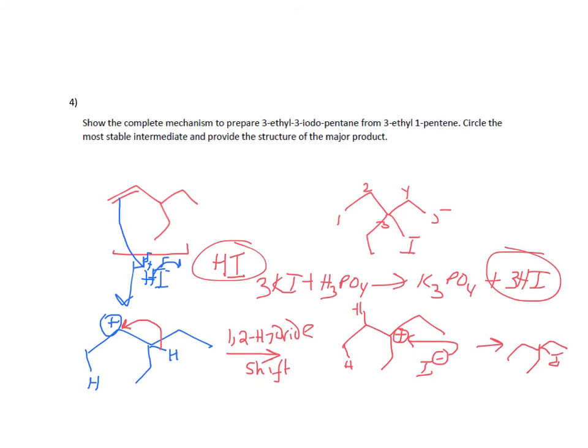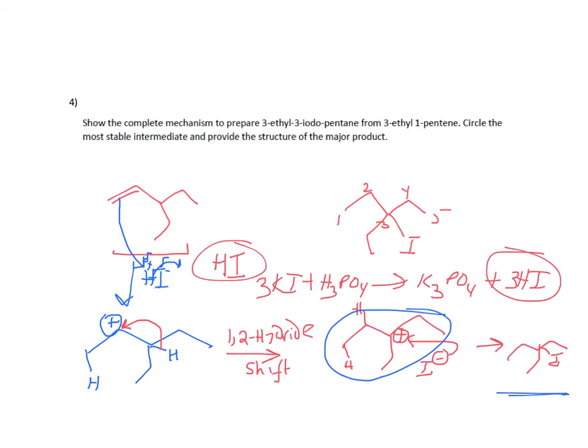Now the question was, you had to circle the most stable intermediate. So hopefully you can see that the tertiary carbocation is going to be the most stable one. And the structure of the major product also is going to be the iodine at the tertiary position. Of course, as we discussed in class, you have to think about whether the iodide, because it's a pretty big atom, so iodide, or ion rather, is going to take some time to get to the site of action.